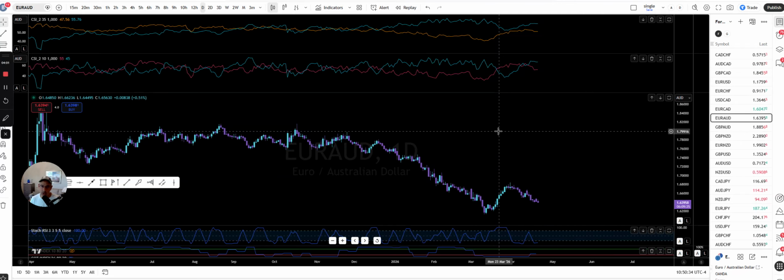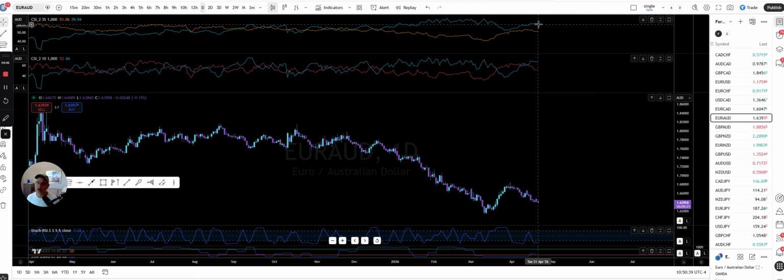So you could do a couple of things with this. You could just say, I'm going to follow the 35, and until the 35 tells me this downtrend is over, if I was in this short, I'm just going to stay in it.